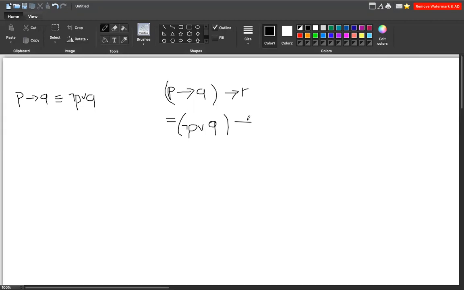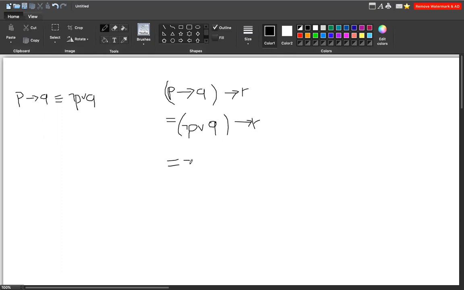Then I write down the rest of the equation the same way. Now we have one more implication which we can further reduce using this law. We treat this whole compound proposition as P, and this R we can assume is Q.